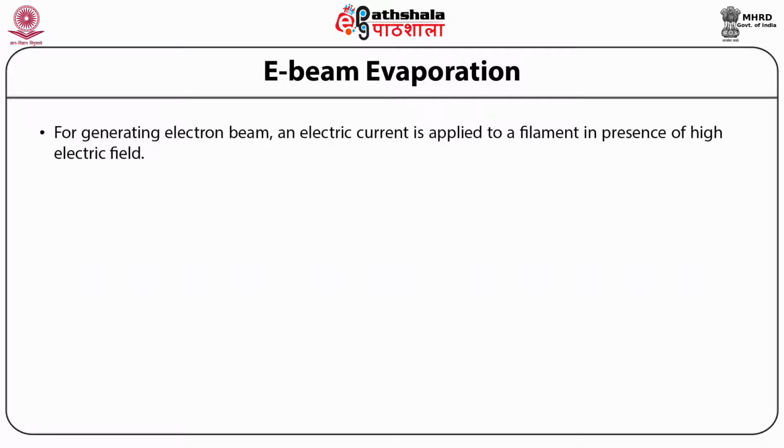So for generating an electron beam, an electric current is applied to a filament in the presence of a high electric field. Electrons in the filament escape and accelerate away due to this electric field.